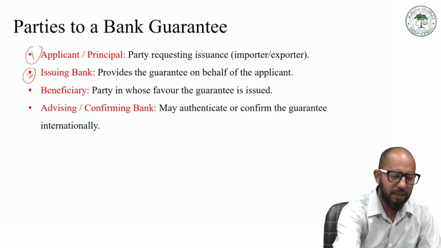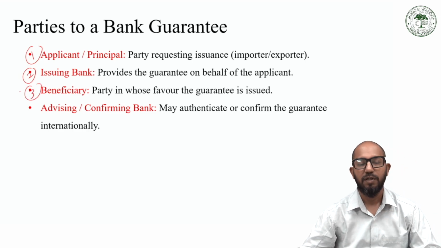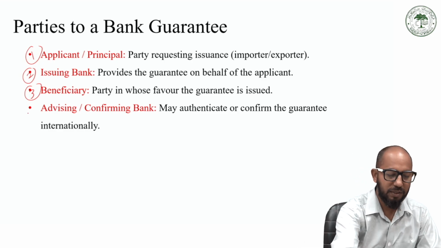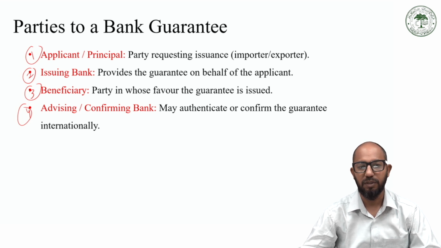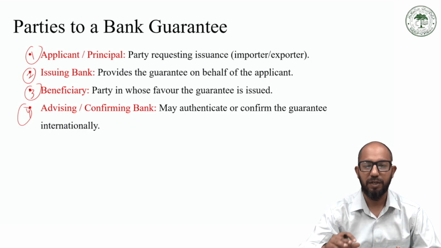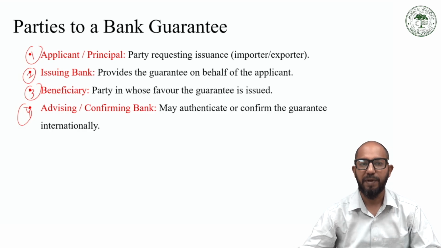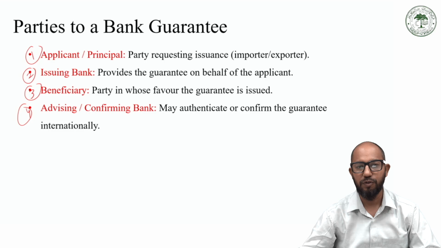The third party is the beneficiary. It is the party in whose favor the guarantee is issued. The fourth is the advising or confirming bank, which may authenticate or confirm the guarantee internationally. So all these parties together hold the bank guarantee as a payment instrument.